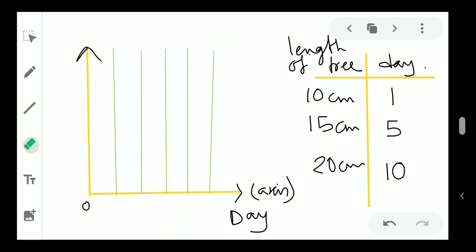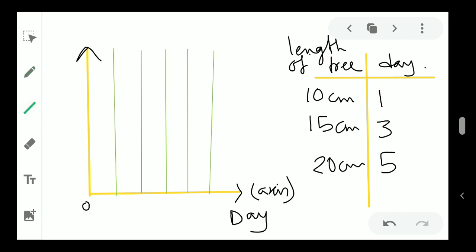Acha, so I will change the data a little bit, otherwise there will be a problem. So this is 5, this is 3, this is 1. Okay, so this is 10, 15, 20.